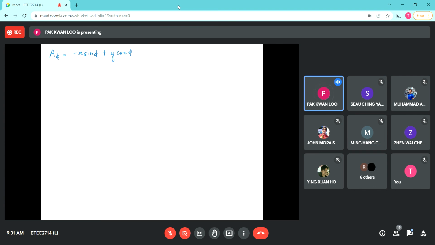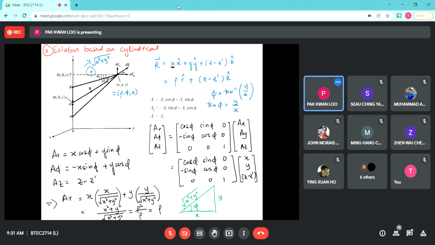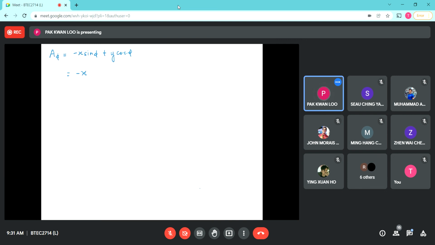Negative x sine phi is negative x times y divided by square root of x squared plus y squared, and y cos phi is y times x over square root of x squared plus y squared, so this equals 0.